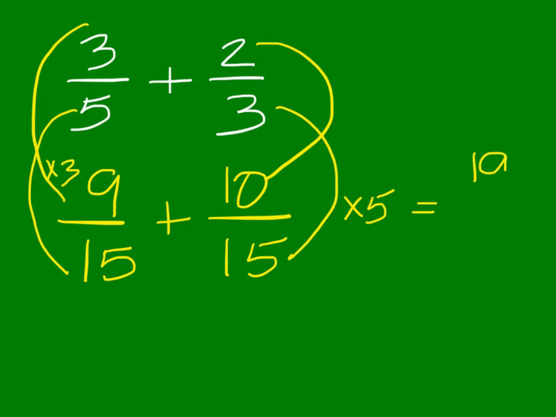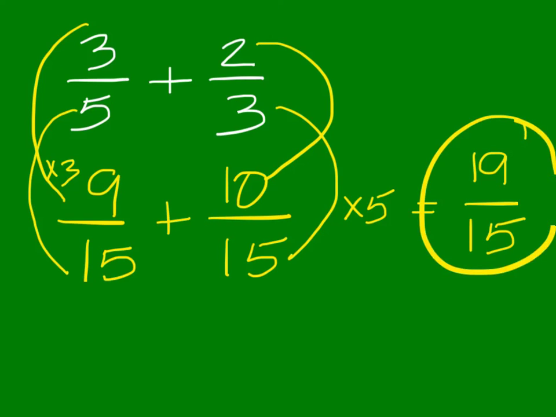And it comes out to be 19 over 15 for the final answer. I had 19 right by that. Oh my gosh. How did you get the 9? I got 6 there. We get the 9 by doing this. We have 5 being multiplied by 3 to get 15. So 3 times 3 would be 9.